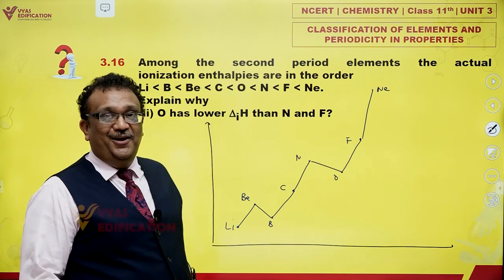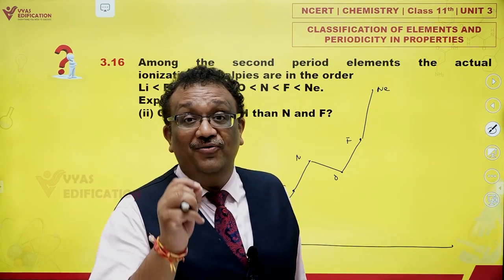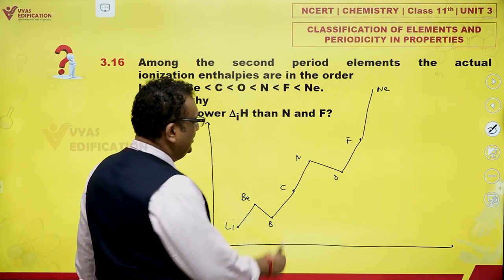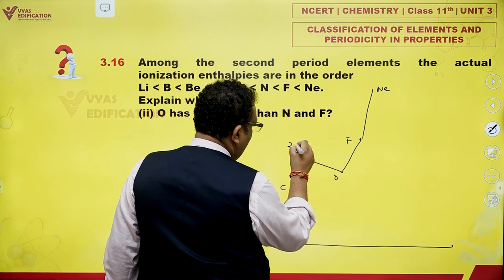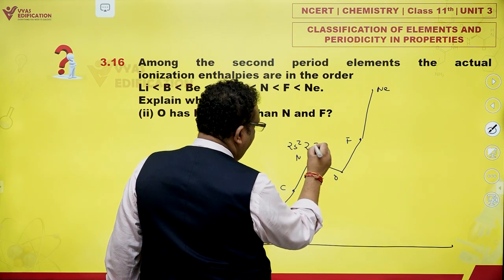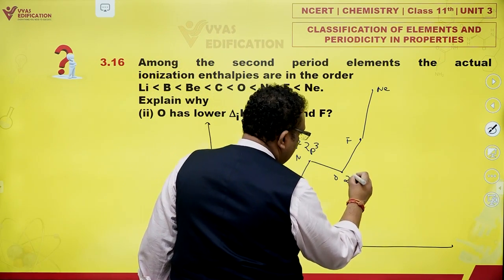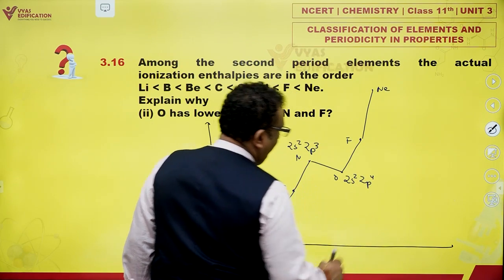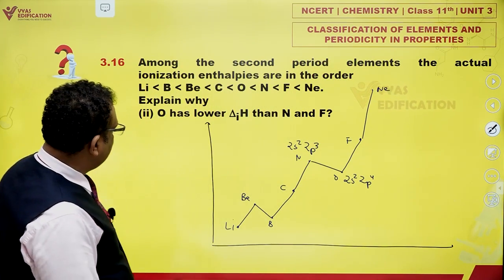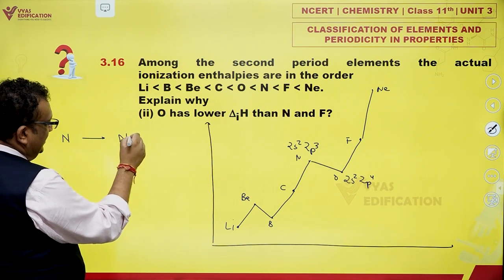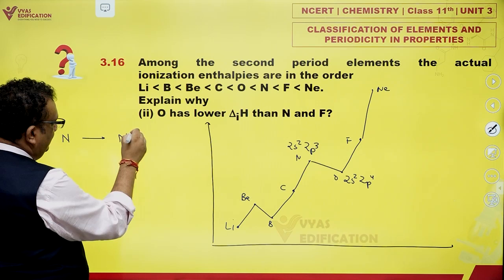That can be explained by the extra stability of half-filled p orbitals. Nitrogen has electronic configuration 2s2, 2p3, while oxygen has electronic configuration 2s2, 2p4. Now, as nitrogen undergoes oxidation, what you can say is ionization.